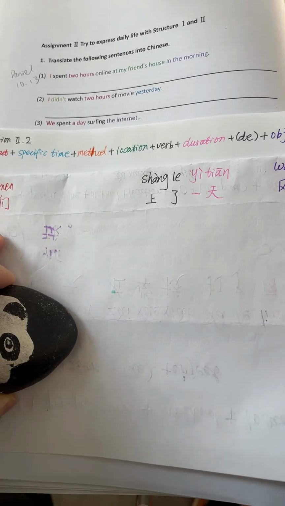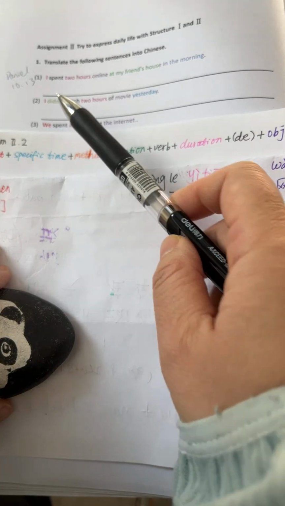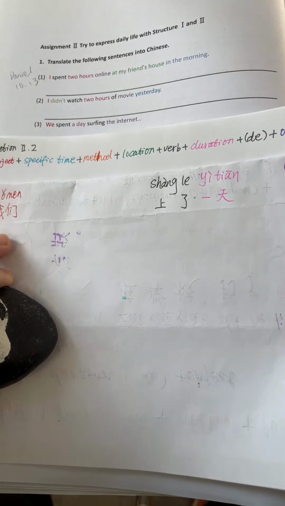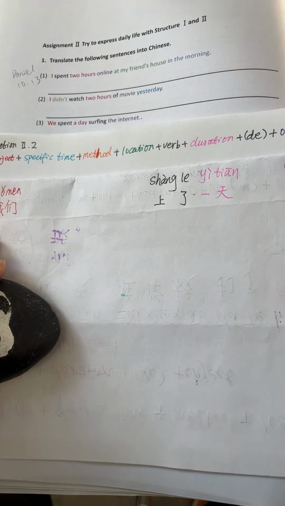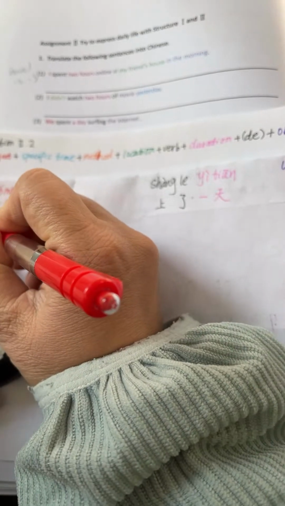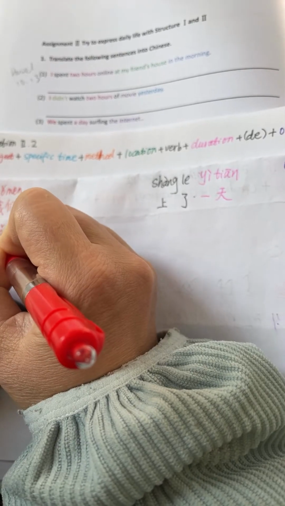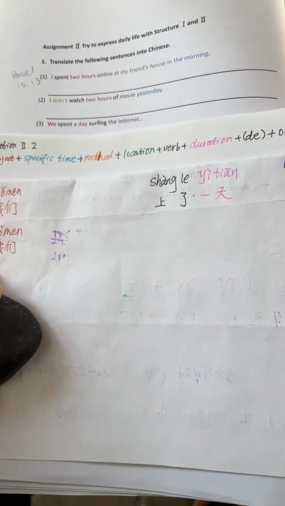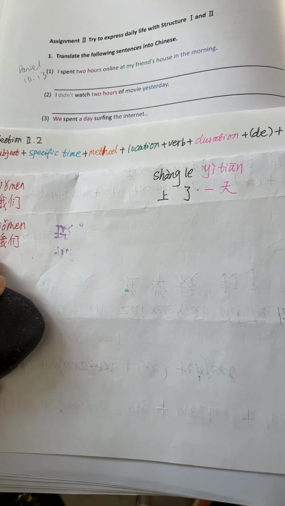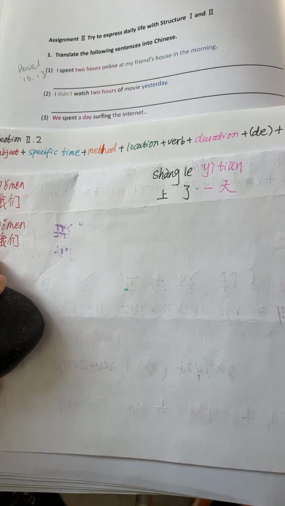Another version is, you can see from my sentence, this is correct, but I didn't translate the spent, which is unnecessary, okay? So we can also translate the spent. Then you have to translate every word. Remember, when we have more than two actions in a Chinese sentence, we just simply place one after the other.